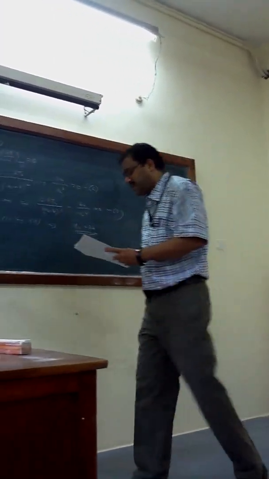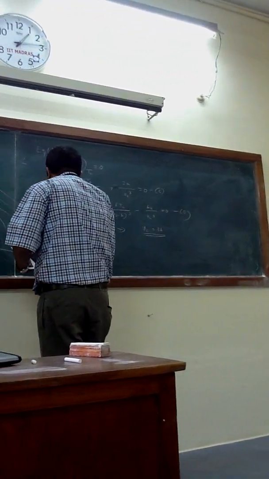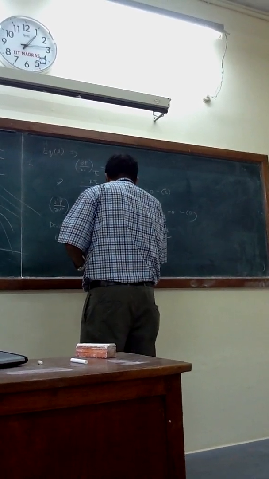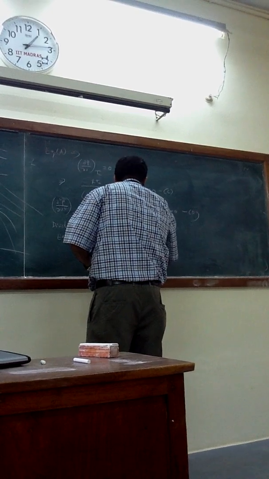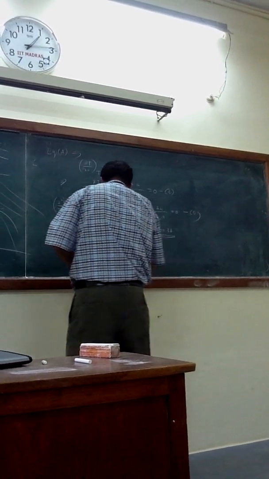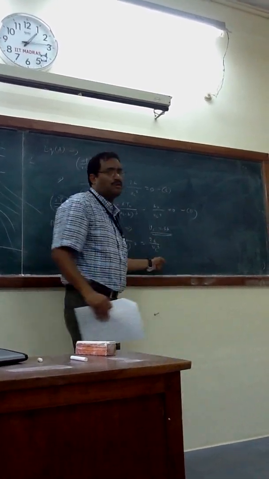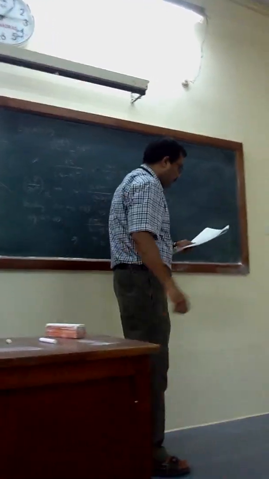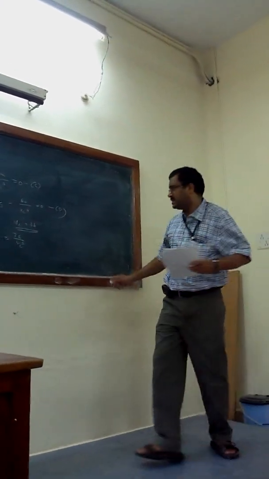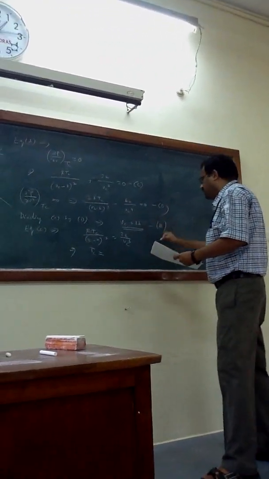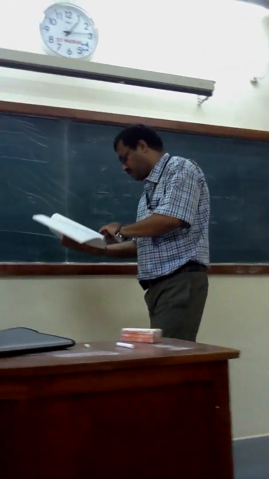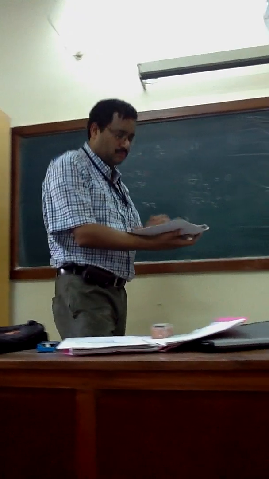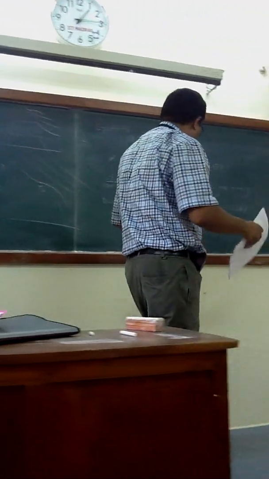Now look at equation number C. What you got: RTC by VC minus B whole square equals 2A by VC cube. You now incorporate VC equals 3B here. I will say this is my equation number A1, previous one, VC equals 3B.